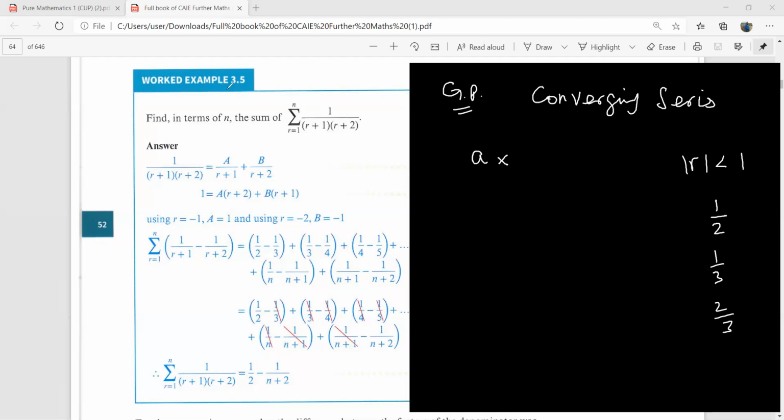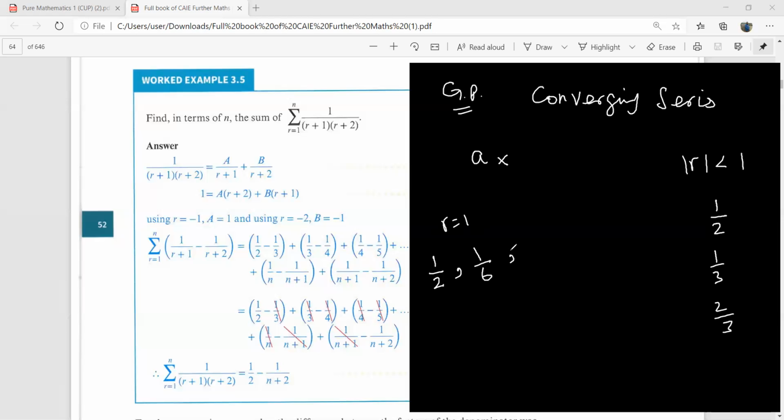If you look at this example over here, he's asking for the sum of this series. If you put your r as 1, you have 1 over 2. If you put your r as 2, there is going to be 1 over 6.